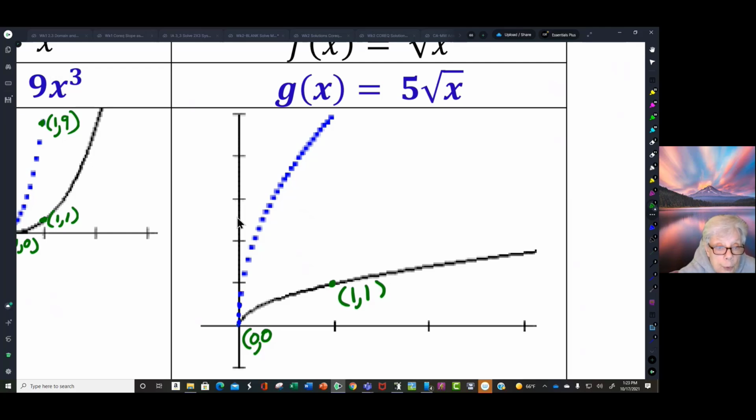Let's see, 1, 2, 3, 4, 5. Come straight up, and there we are at 1, 5.